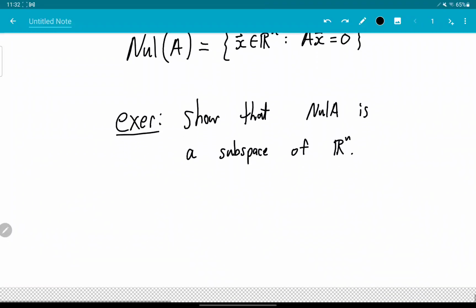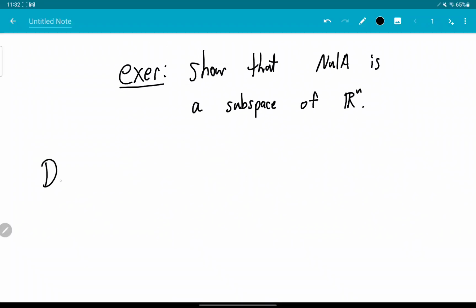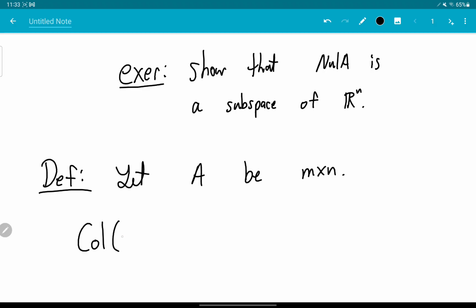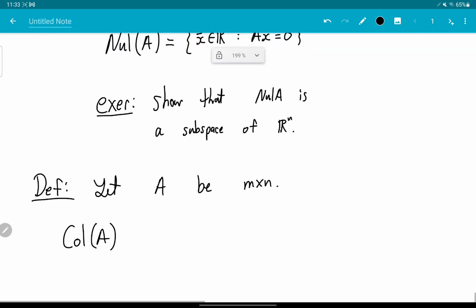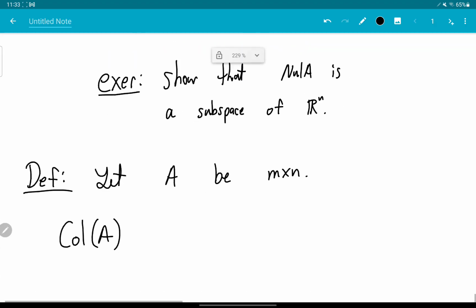Next we have another definition. This is the same setup. Let A be an m by n matrix, of course. The column space of A, col A, is different than the null space, of course.